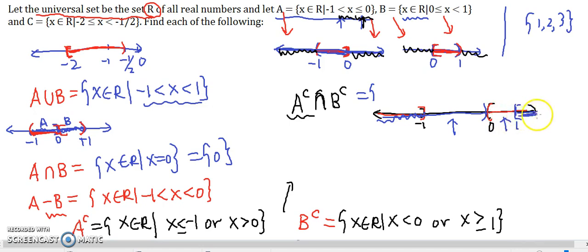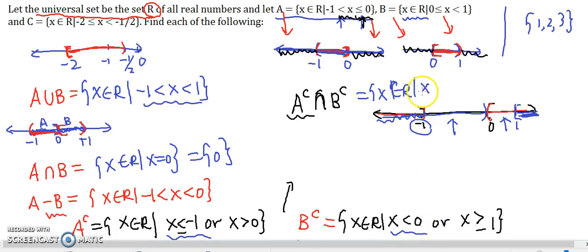But these numbers also have two colors, so let's describe it. When we do that, also make sure we pay attention to the endpoints. For example, -1. Does -1 belong to both sets? If we look, -1 is in the complement of A. -1 is also in the complement of B because -1 is less than 0.